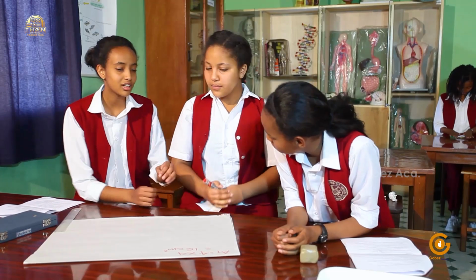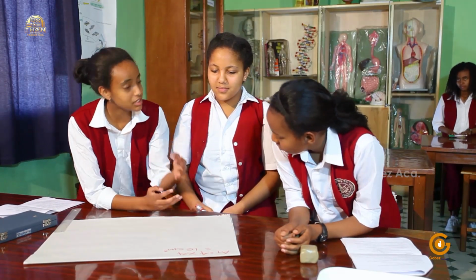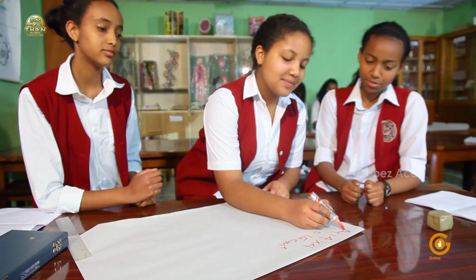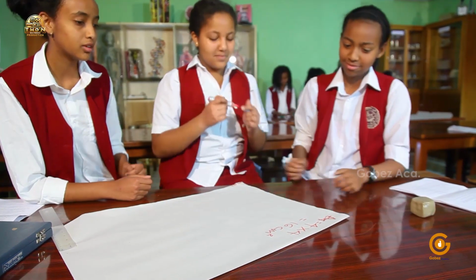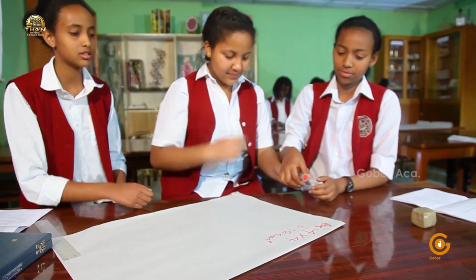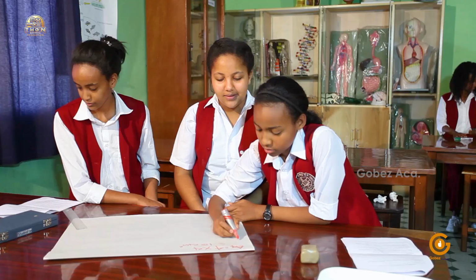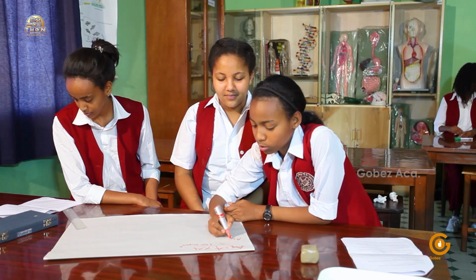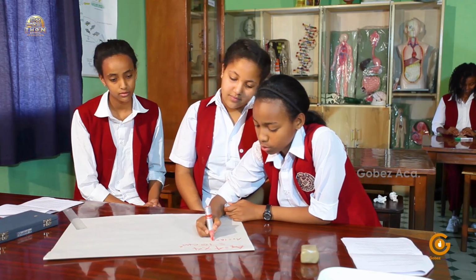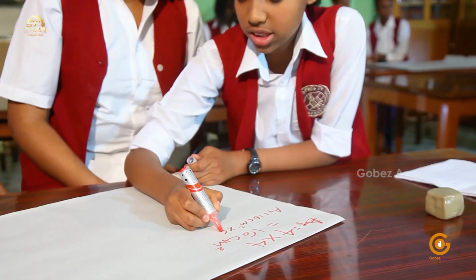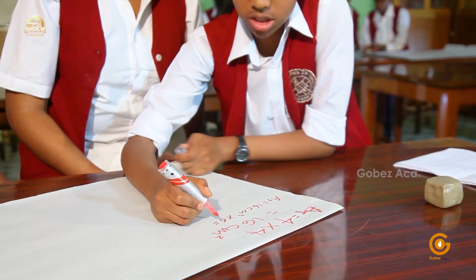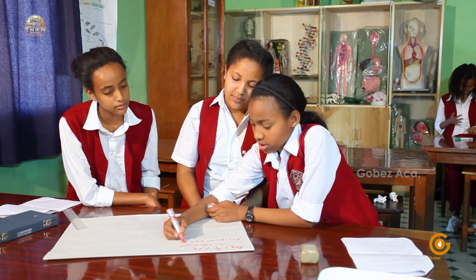But Arsema, that's not the total surface area. Since it has 6 sides, we have to multiply 16 by 6 in order to get the total surface area. Oh, I'm sorry. Okay, so the total surface area will be 16 centimeters squared multiplied by 6, which gives us 96 centimeters squared.